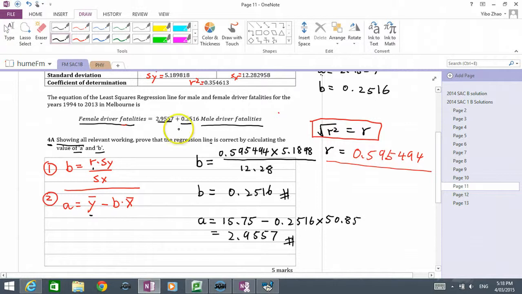So always write down the formula. The process of writing down the formula is considered working. If you don't write down the formula and you just write down the answer, you're going to lose a mark.